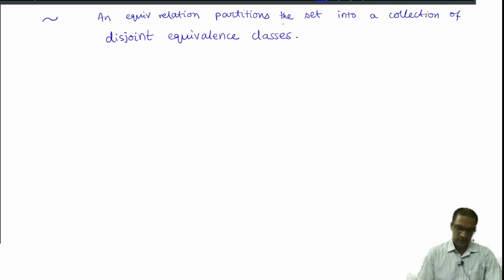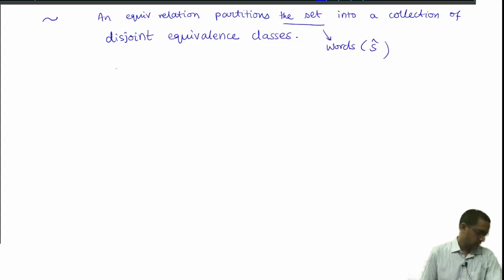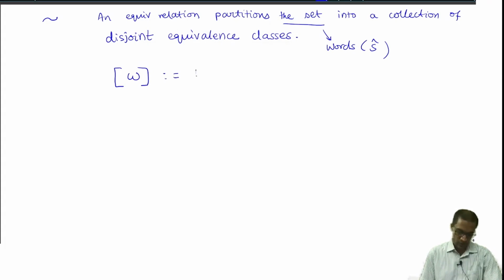In this case, the set itself is nothing but the set of all words. What is an equivalence class? If you recall the definition, suppose I pick a word W. I will denote by square bracket W the equivalence class to which W belongs.